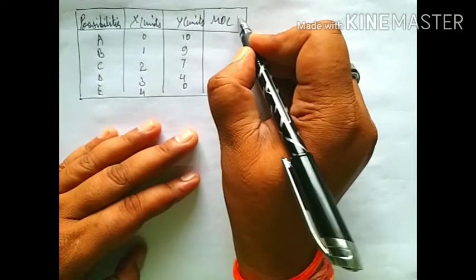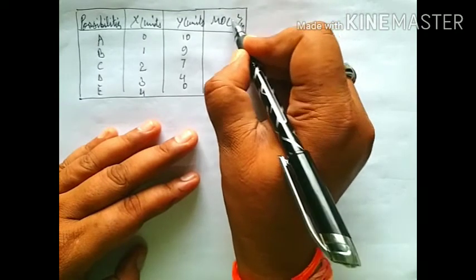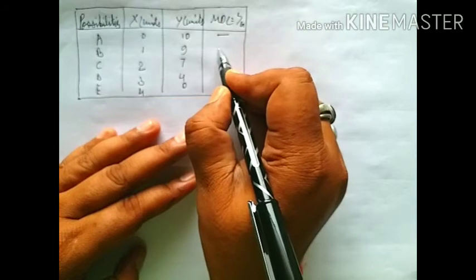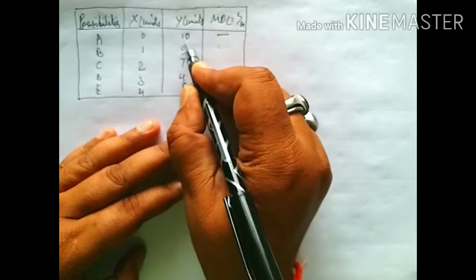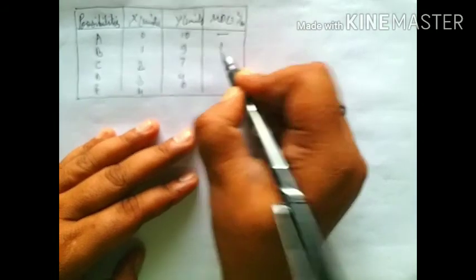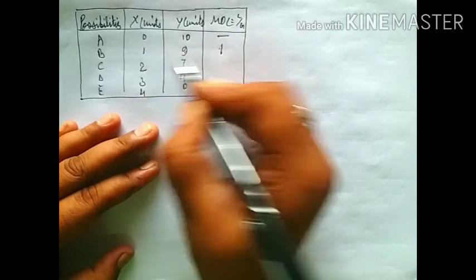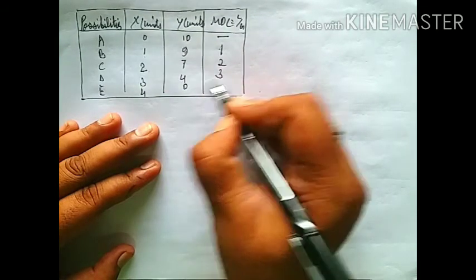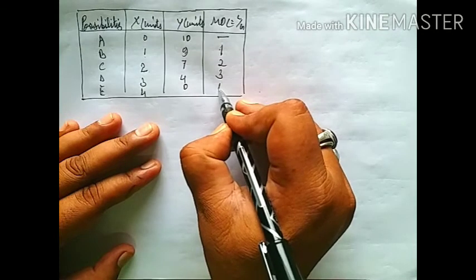Here the MOC is the loss upon gain. 1 upon 1 is equal to 1, 2 upon 1 is equal to 2, 3 upon 1 is equal to 3, and 4 upon 1 is equal to 4.